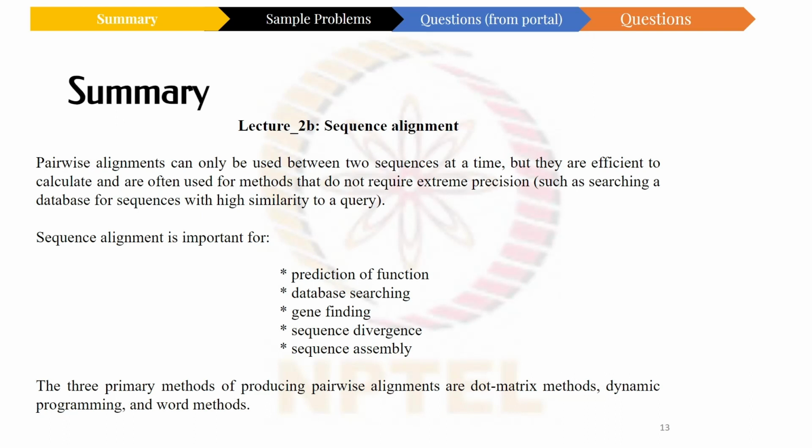The alignment is happening between two sequences at a time, so it is termed pairwise sequence alignment. This is best for finding the best matching alignments between two query sequences. These methods include dot matrix, dynamic programming, and word methods, which will be discussed in further slides.